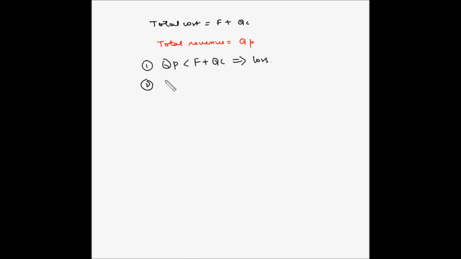As it continues selling more products and increases its profitability, it will reach a stage where the total revenue is equal to the fixed cost plus the variable cost. That is a point which we call as break-even point.